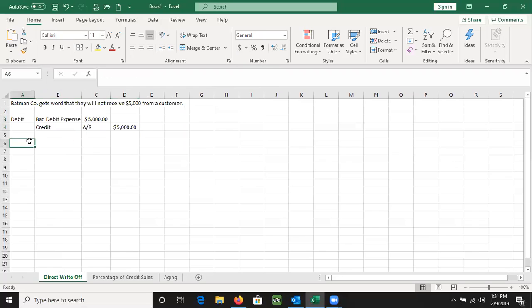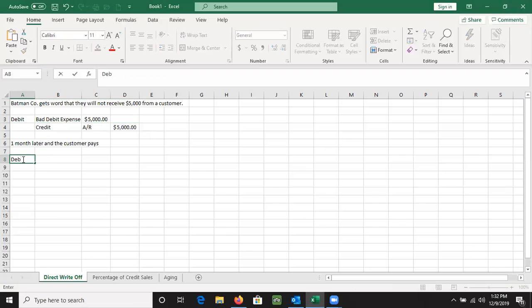Now say it's 1 month later and the customer pays. So a month later, the customer, maybe he wins the lottery, says, I can pay you now. Since you already wrote off the accounts receivable, you have to reinstate the accounts receivable.